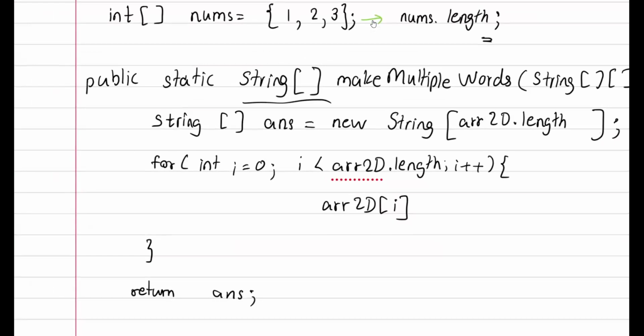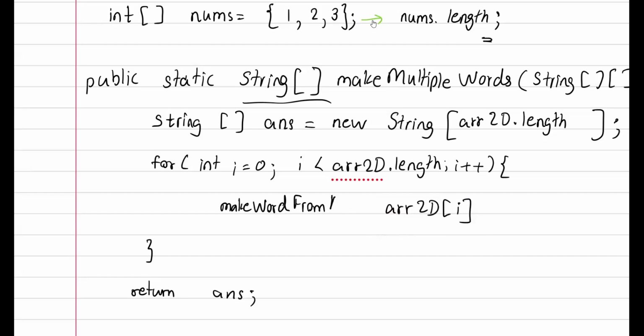We can call the previous method to make a word that is found by random letters. So let's call make word from array, and pass that 1D array.